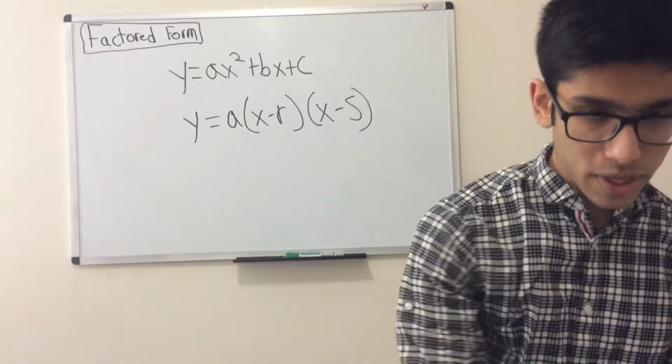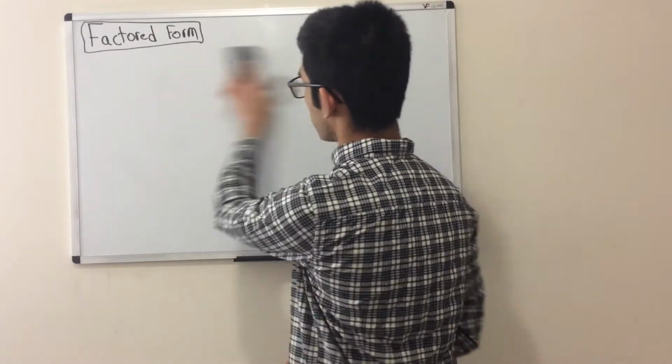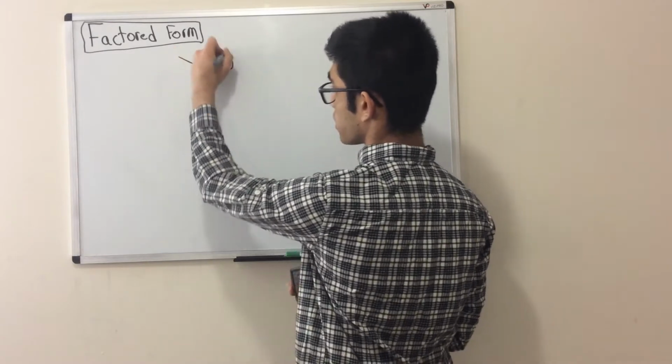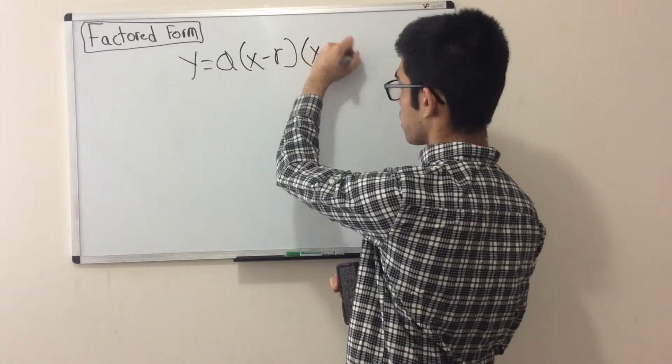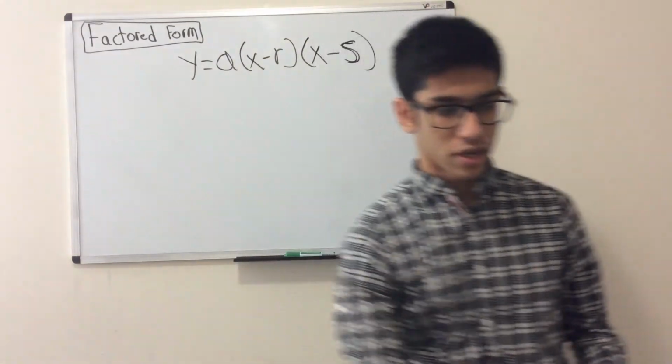So I'm going to quickly erase this. Well, I'm just going to rewrite my factored form again: y equals a, x minus r, x minus s. Great.